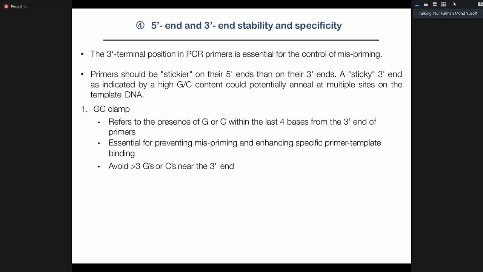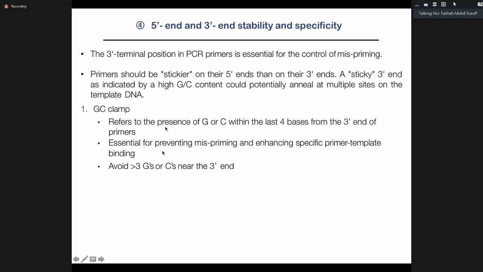The first thing you have to look at is the GC clamp. This is based on the presence of G or C within the last 4 bases from the 3' end of the primer. Sometimes you may get information saying the last 5 bases. It should be similar, as long as you look at the 3' end.